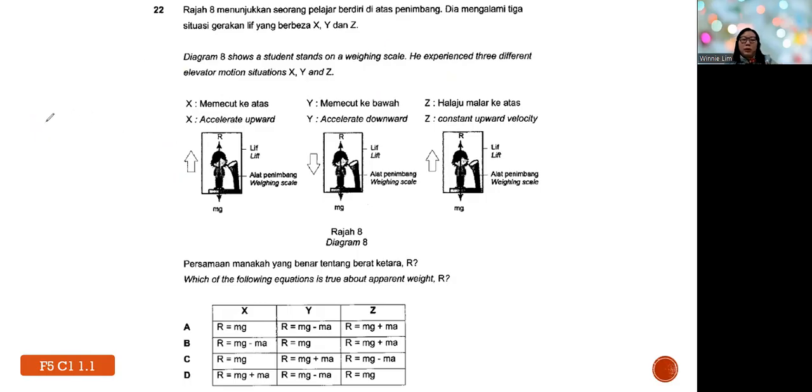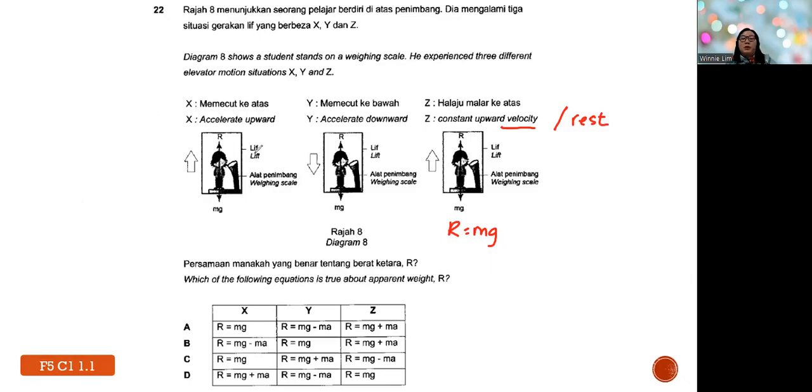You need to know the general concept. If the object moves at constant velocity, whether up or down, or even at rest, then generally the reading of the weighing scale is equal to the actual weight. So there is no change in weight.